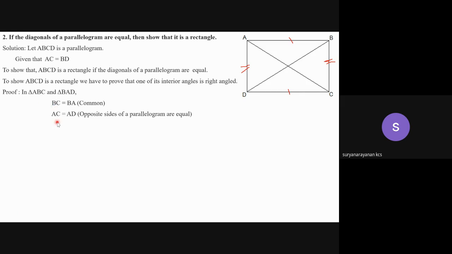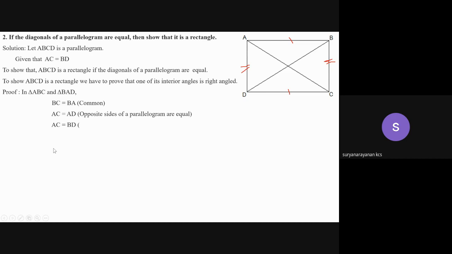I will rectify it. They are opposite sides of the parallelogram. Here we have chosen BC and AD, which are opposite sides of this parallelogram. When I was typing these sentences, by mistake I typed AC here. BC is equal to AD. Okay. I will rectify it and post it later.